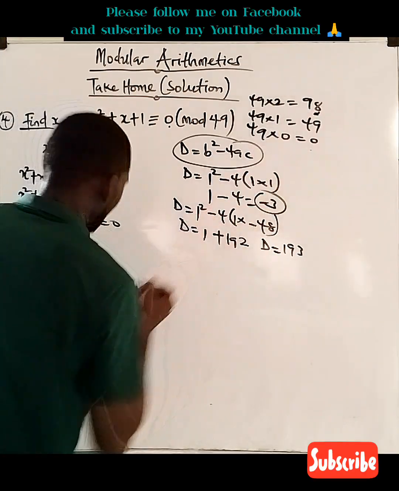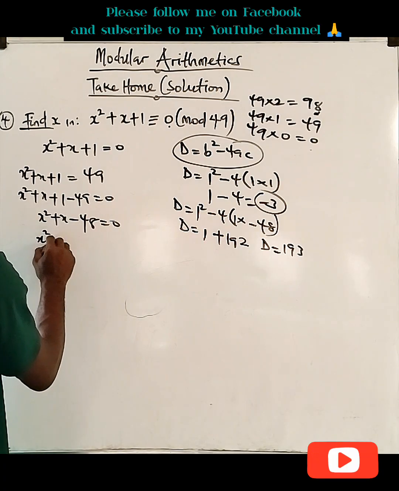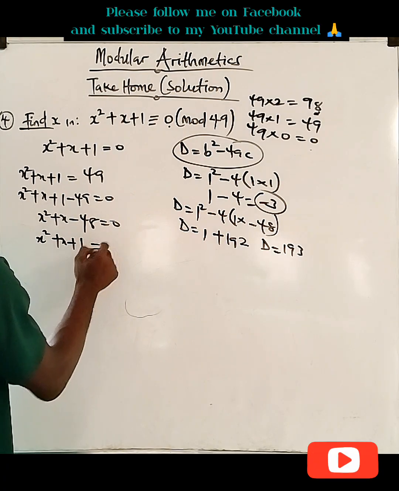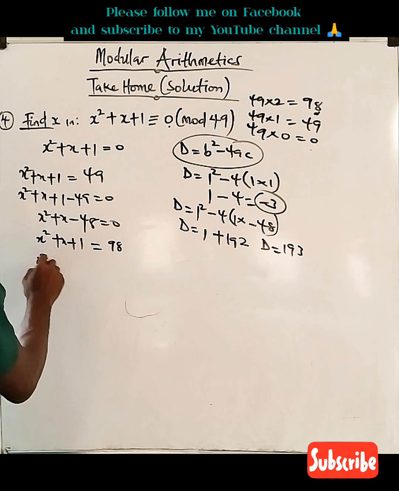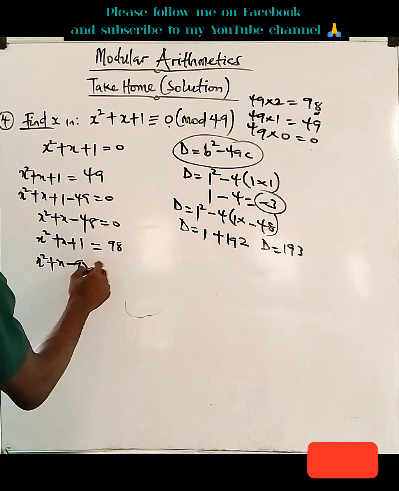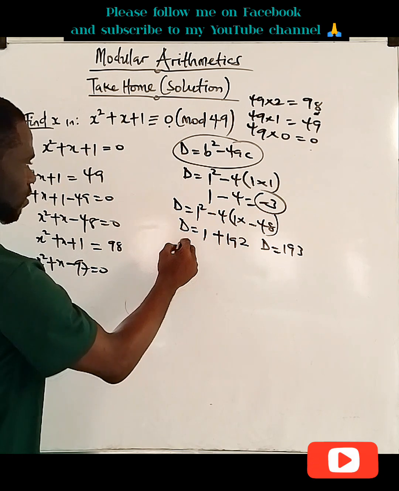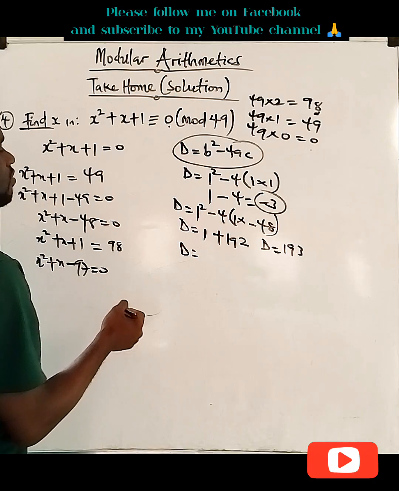So let's try out 98 and see if it's going to work. That is x squared plus x plus 1 equals 98 plus 0, which is 98. Send this to the other side: x squared plus x plus 1 minus 98 gives us minus 97. We try out the discriminant also: b is 1, a is 1, c is minus 97.